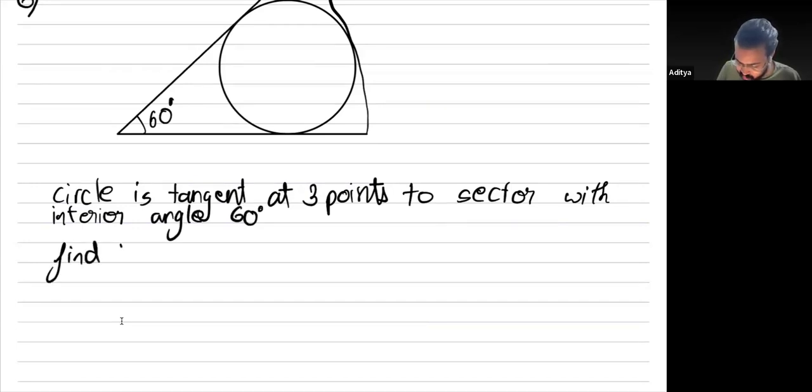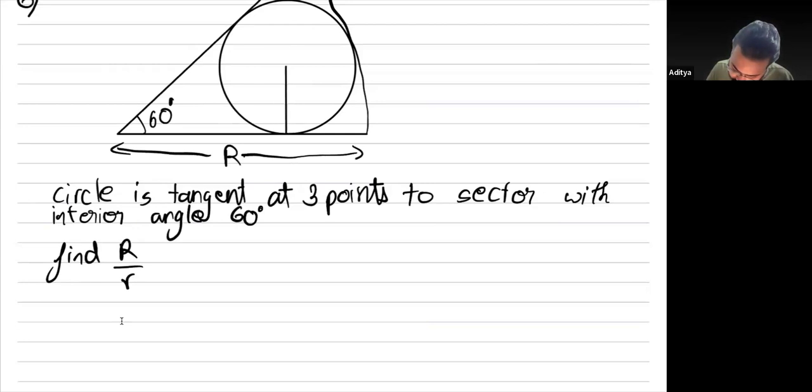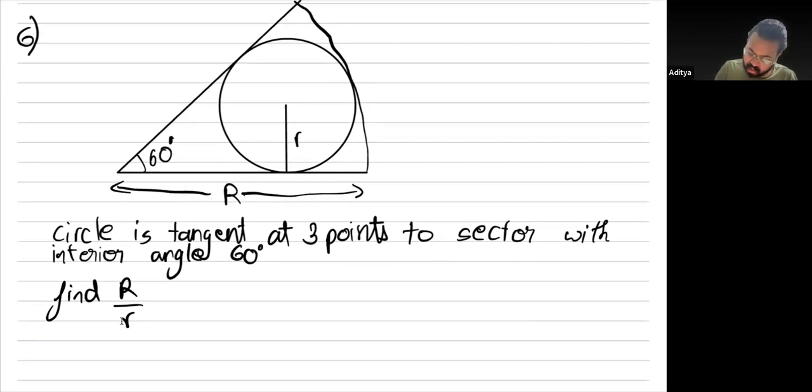Find capital R upon small r. If capital R is this length and small r is this length. Small r is the radius of the circle, capital R is the radius of the larger sector.